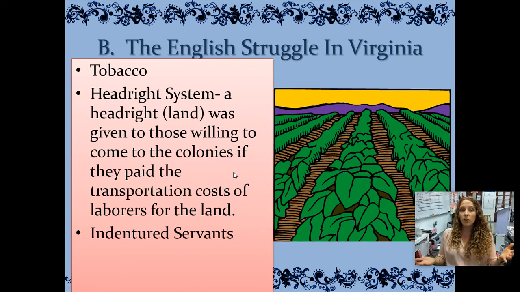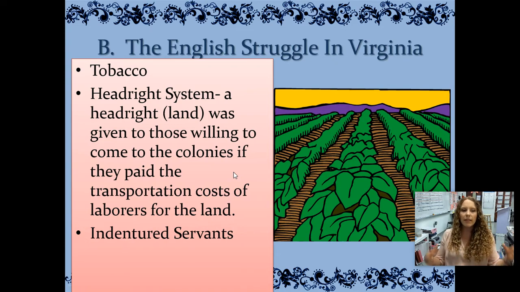And also the way this works is the more money you put in, the more headrights you get. The more people you bring over, the more land you get. So it incentivizes people to do more and more. But it automatically ties land ownership and labor, or it ties putting labor on the land, to everything.